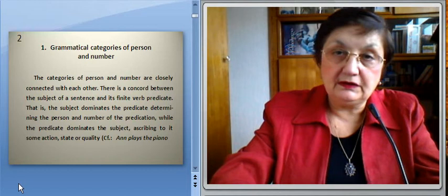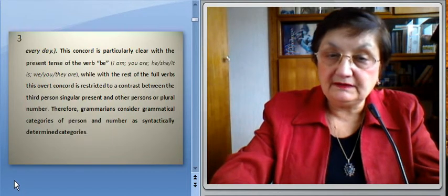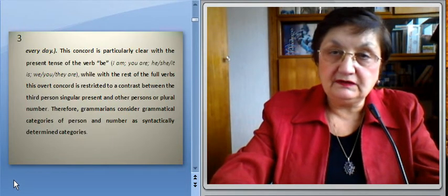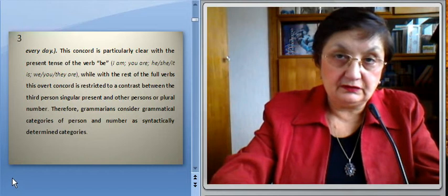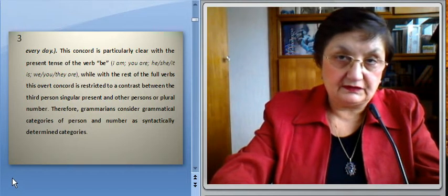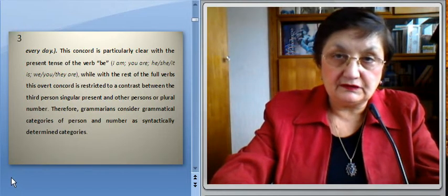If we take a sentence like "Ann plays the piano every day," we can see that this subject, which is given in the third person singular, determines the person and number of the predicate, which is marked by the inflection -s.